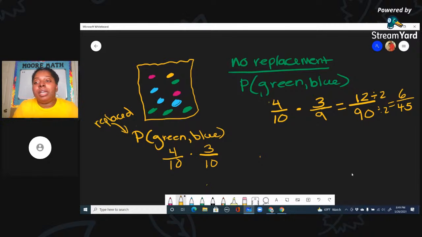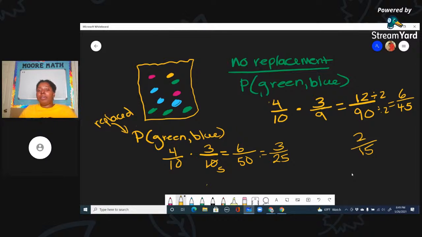Eventually you'll get 2 15ths. Okay, so over here you got 3 over 25. So you had a 3 out of 25 chance of getting a green and blue when you replaced it, and when you didn't replace it, you had a 2 out of 15 shot to get a green, then blue.